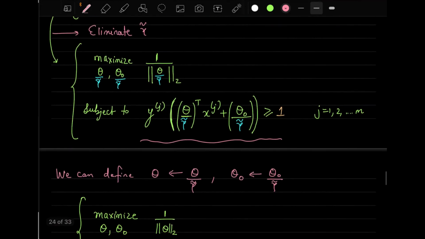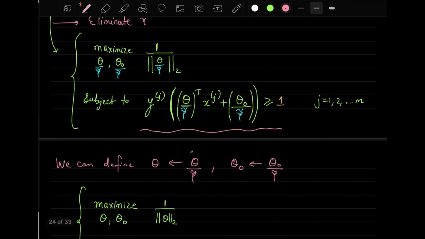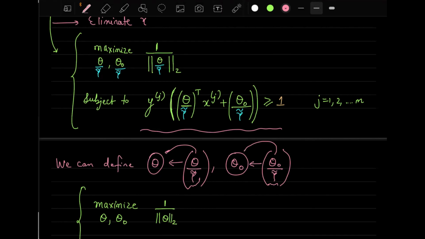Now if you rewrite theta divided by gamma tilde and theta 0 divided by gamma tilde as theta and theta 0, because it's just a normal scaling factor, you can do the variable substitution. Then you can rewrite this particular objective function like this.